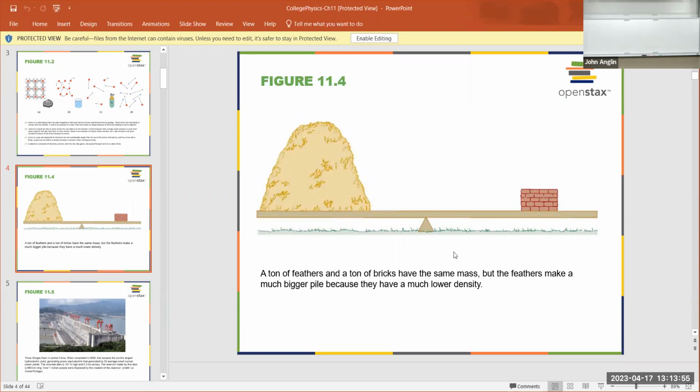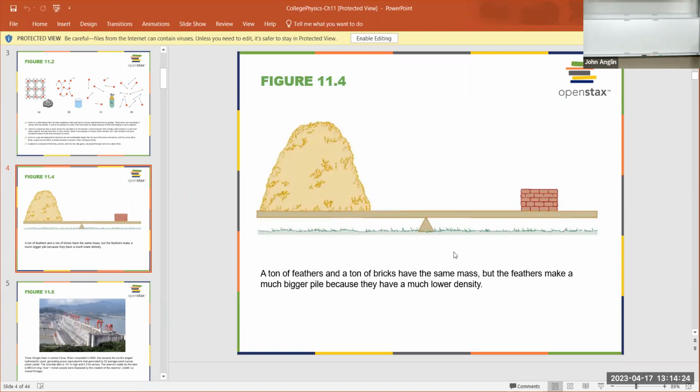And we can notice very easily that it takes a whole lot more feathers to make the same weight as the stack of bricks. This is because the density of the feather is much, much lower. There's less stuff. So in fluids, we need to be concerned about density a lot of times.